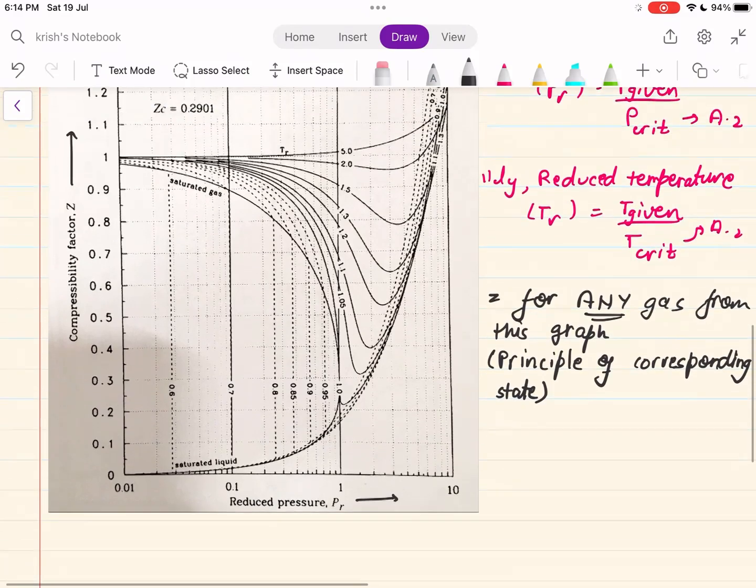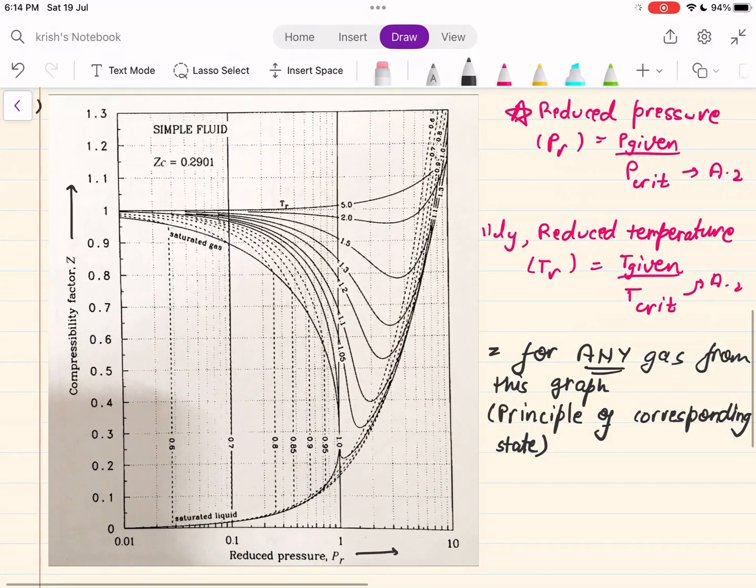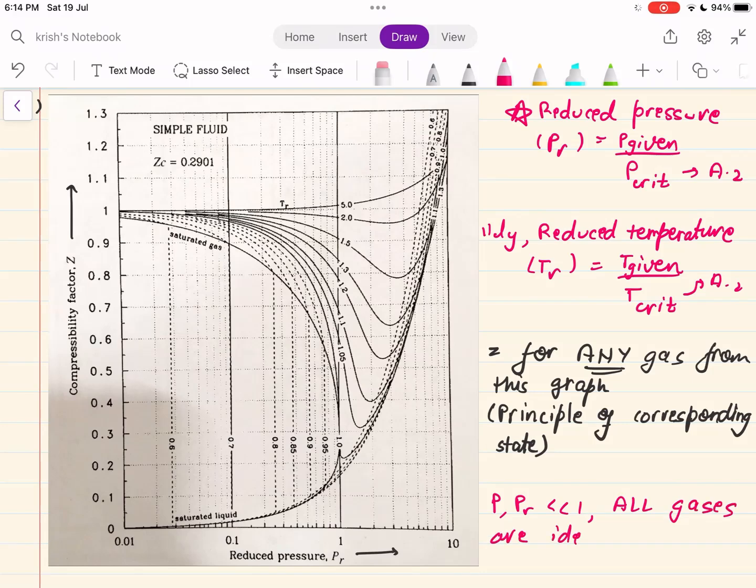Right. A couple of observations about this graph. At very low pressure, when our PR is less than 1, all gases are ideal, regardless of TR. And I will show this to you using the graph also. So, if we look at around this line, this is our low pressure region.